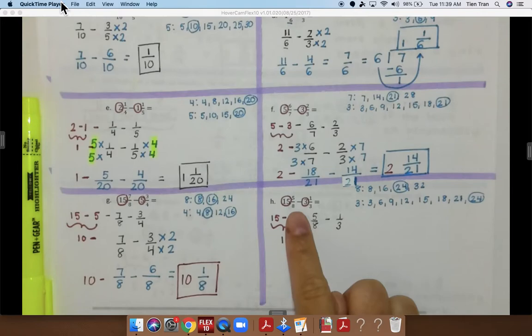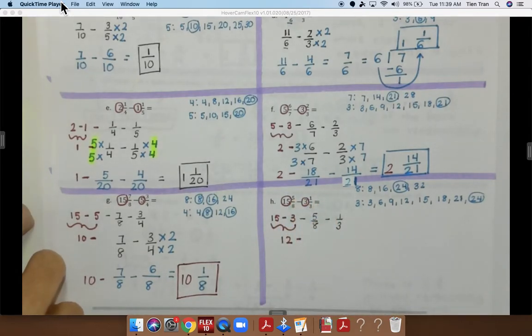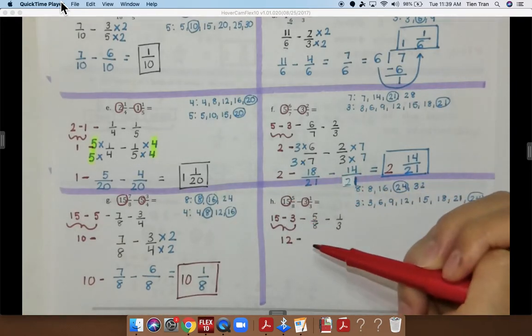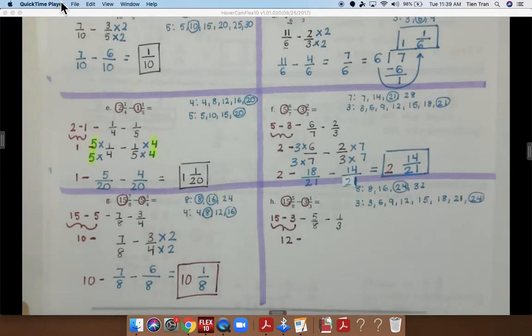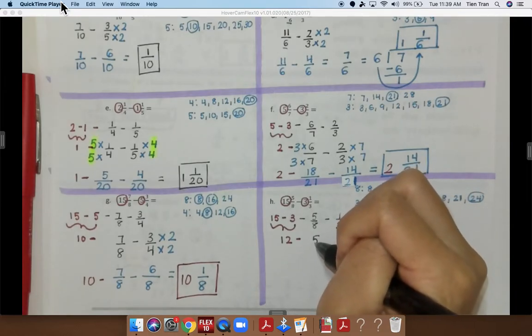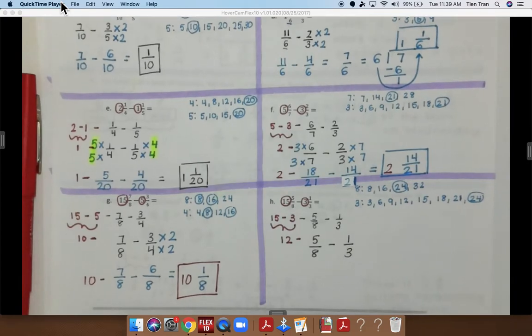Now for problem H, we have 15 and 5/8 minus 3 and 1/3. First thing I'm going to do is subtract my whole numbers, 15 minus 3. 15 minus 3 is going to give me 12, and then I need to find my common denominators for 5/8, or for 8 and for 3. When I looked for my multiples of 8 and 3, I noticed that it is 24.